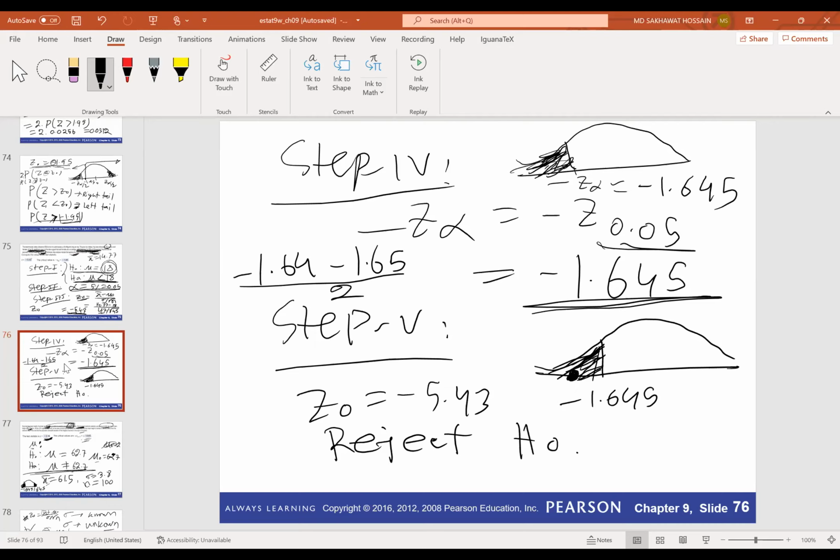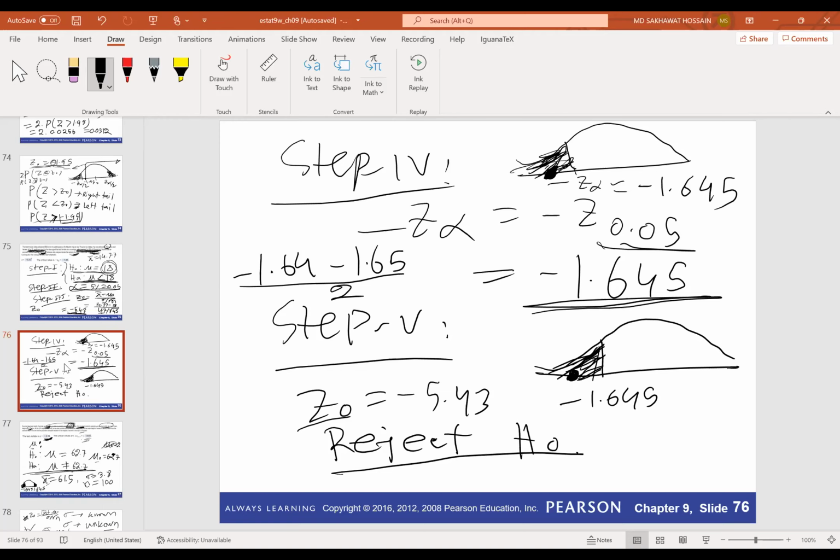Okay, so now we have z alpha and we also have z observed, z0. Z0 is negative 5.43. So where is negative 5.43 located? It is located somewhere here, in the rejection region. So we reject the null hypothesis in this case.